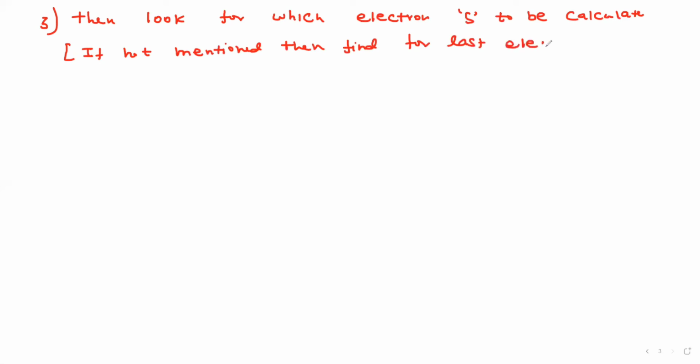S can be calculated for the electron they mention in the question. If it is not mentioned, then find it for the lost electrons. You got the point? If the question mentions an electron, you can find that electron. If not mentioned, you can find the S value for the lost electrons.